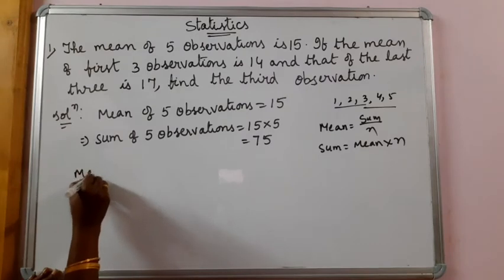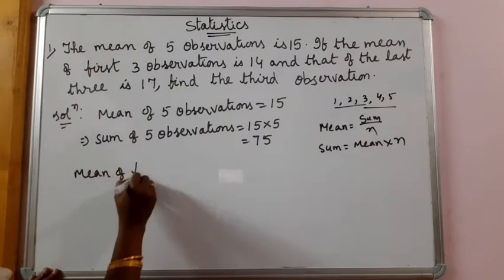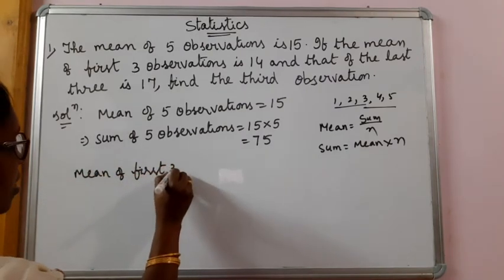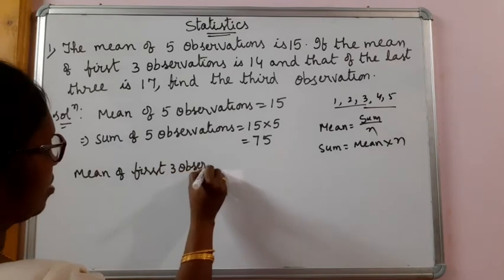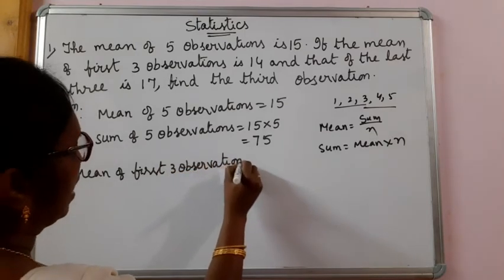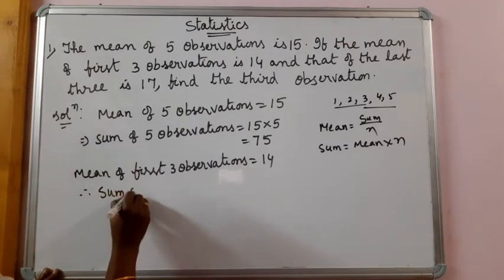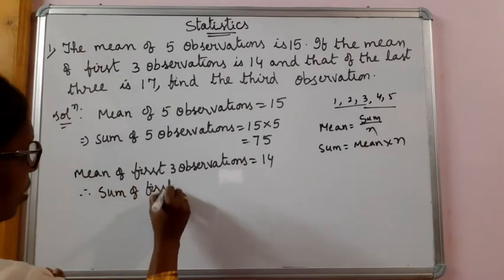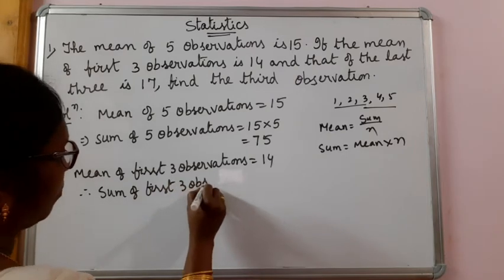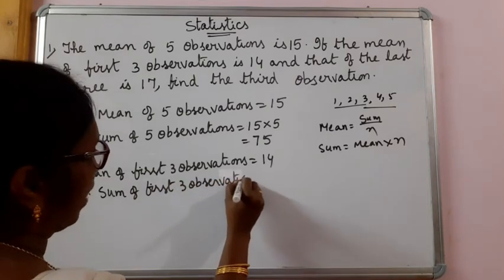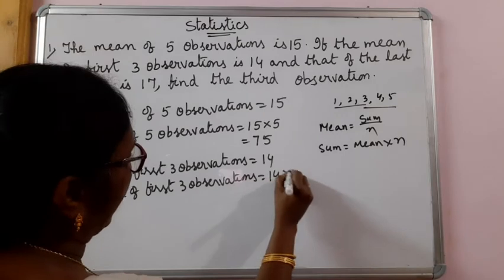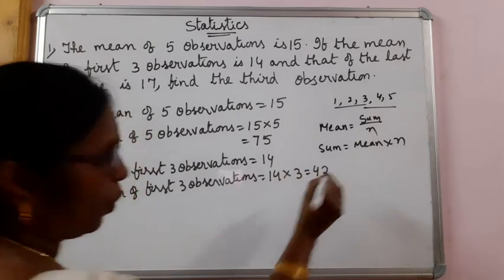Same way, the mean of the first 3 observations is equal to 14. Therefore, the sum of the first 3 observations is 14 into 3, that gives you 42.